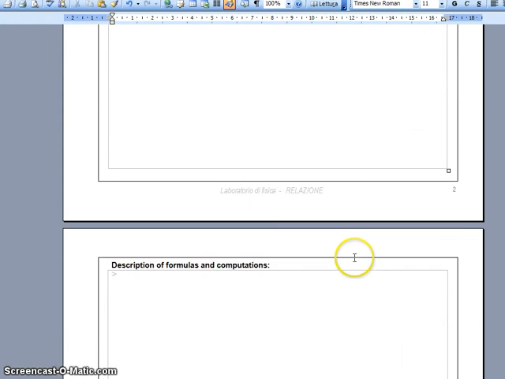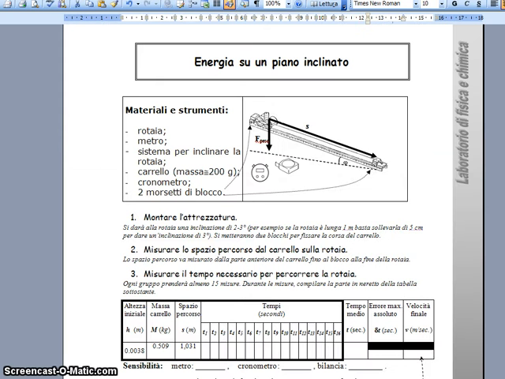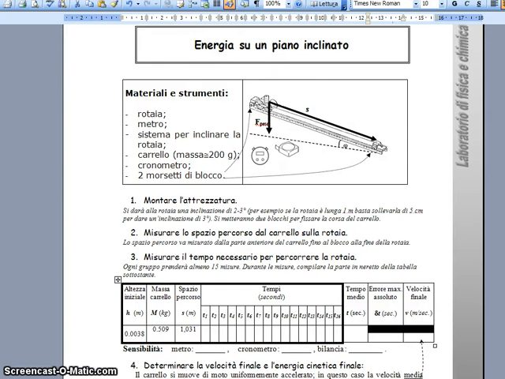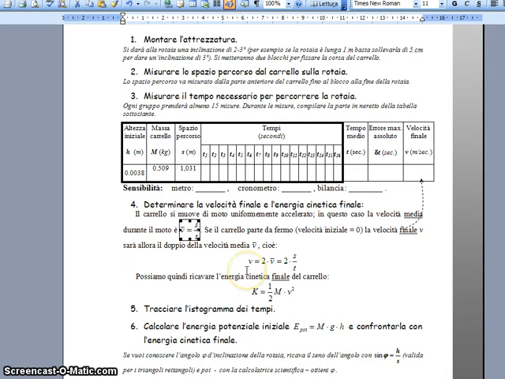Okay, later you have to perform the analysis of the data to obtain some final results. You have to determine the mean, the average velocity, with this formula, and later you can determine the final velocity, that in uniformly accelerated motion is 2 times the mean, the average velocity.